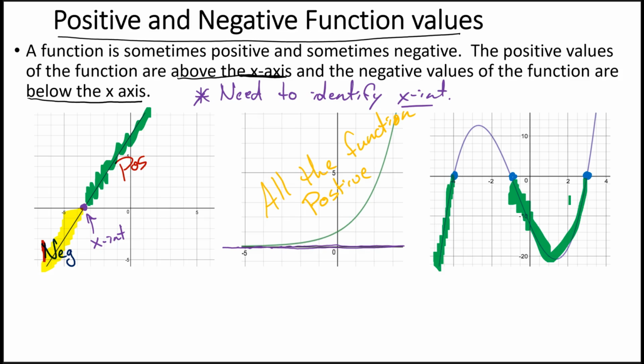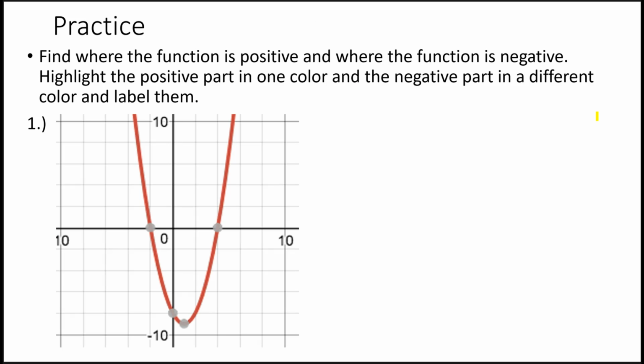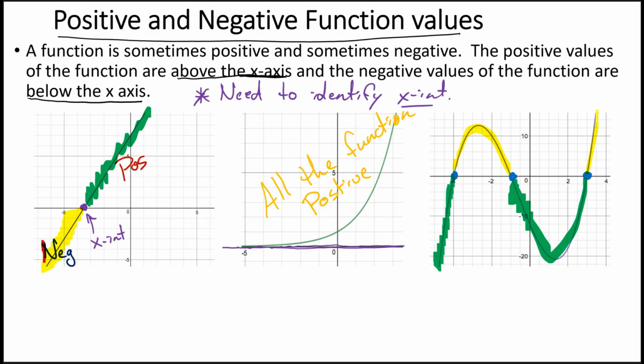That portion of the graph is also below the x-axis. And then we have this portion here and here that is above. And so the ones above, again, are the positive portions of the function, and the ones below are negative portions of the function. And so we want to go ahead and determine where that's going to be.